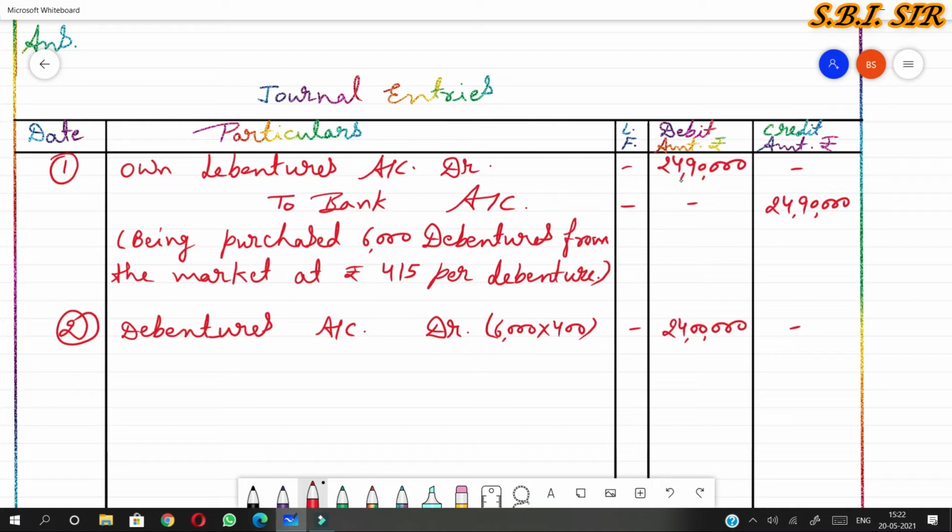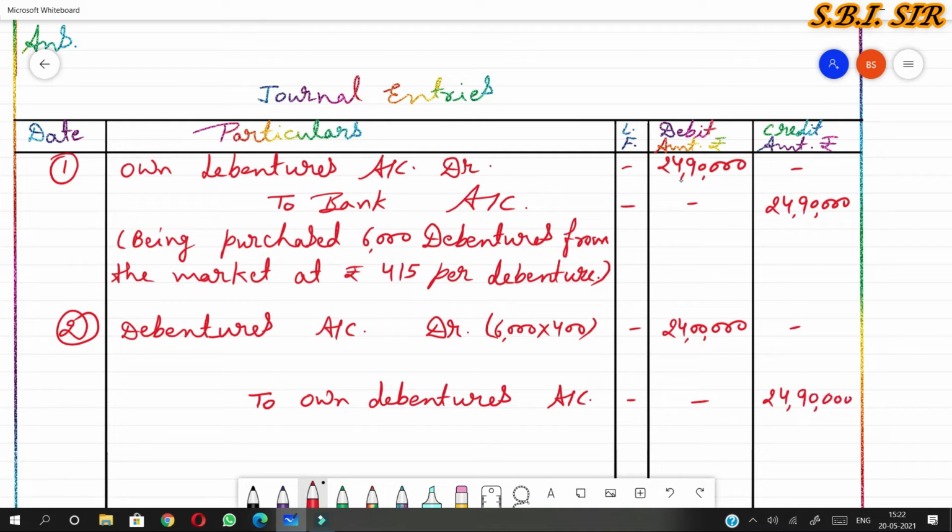So we will leave one line. Then we will write 'To own debentures account'. And here 24 lakh 90,000 is there in own debentures account on the debit side, and we will also write it on the credit side, 24 lakh 90,000.